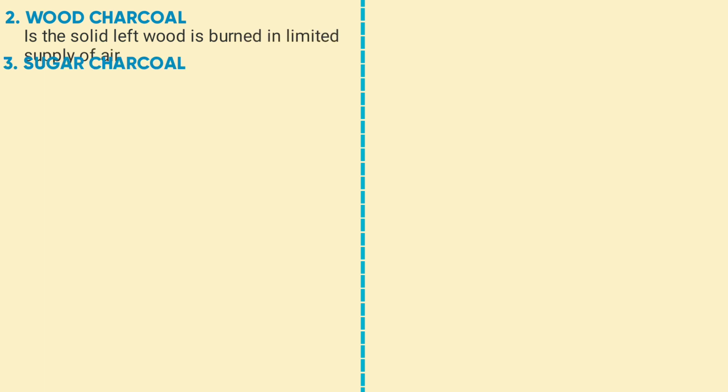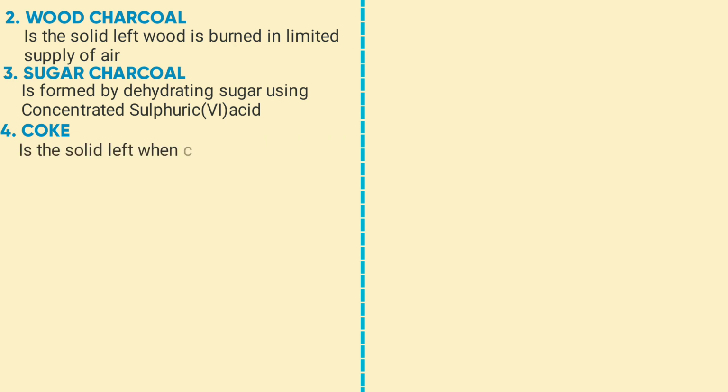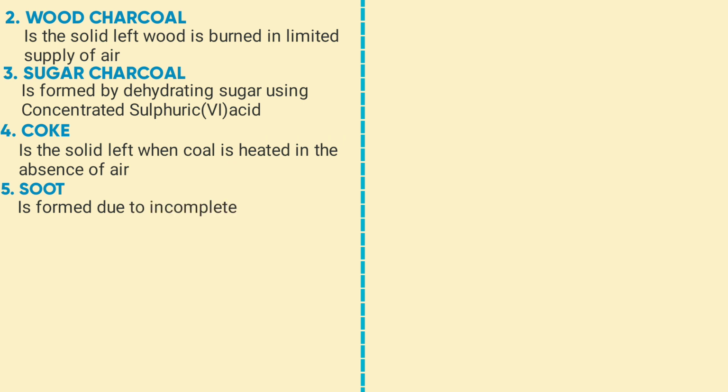Sugar charcoal is formed by dehydrating glucose using concentrated sulfuric acid. Coke is the solid left when coal is heated in the absence of air. Soot is formed when there is incomplete combustion of fuels.